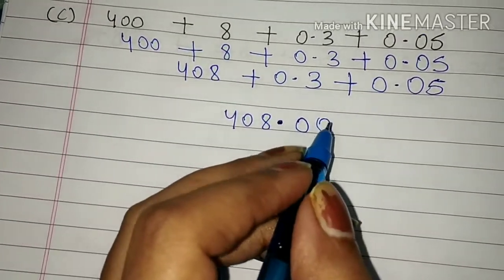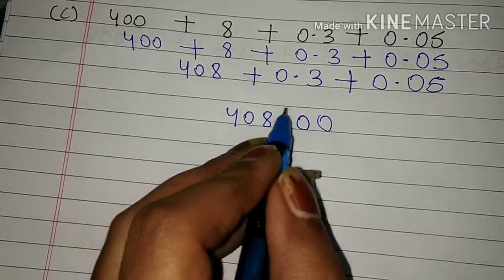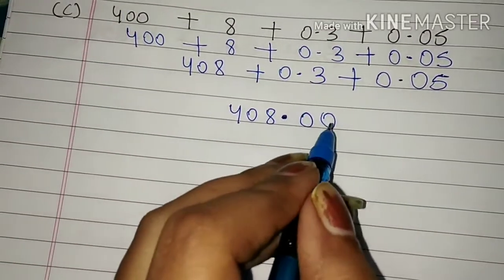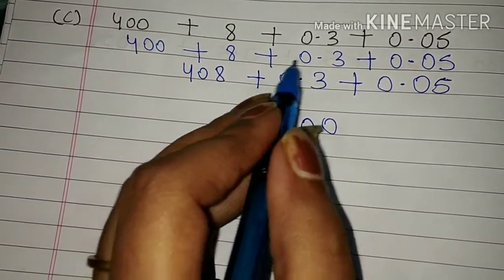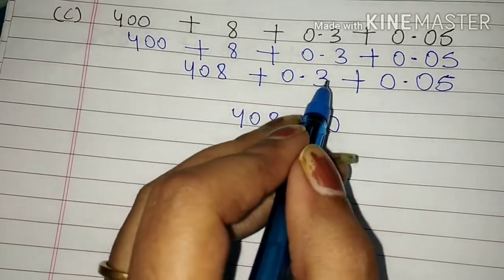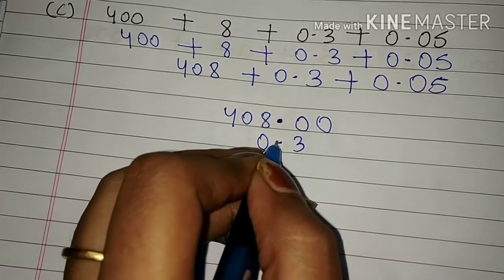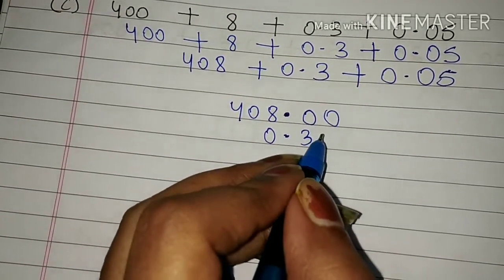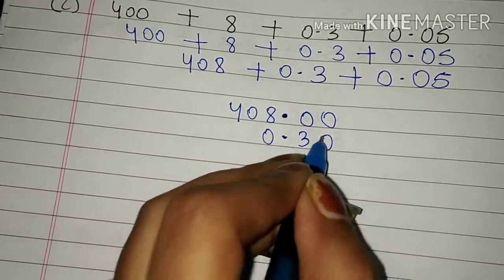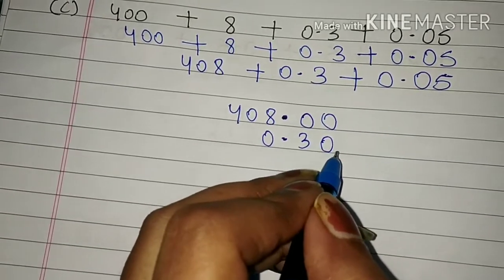Students, after a decimal point, there is no value of 0. Now students, we will copy down the 0.3 here. 0.3. Students, if you want, you can add 0 here also, just to make a calculation easy.